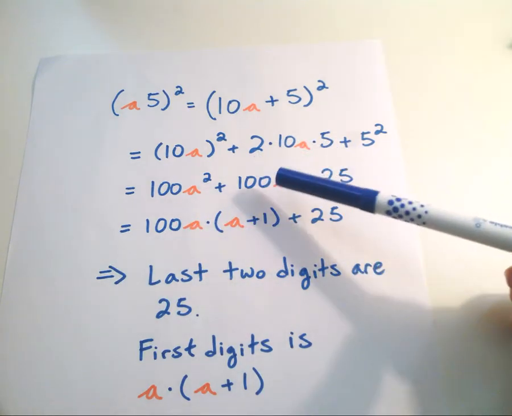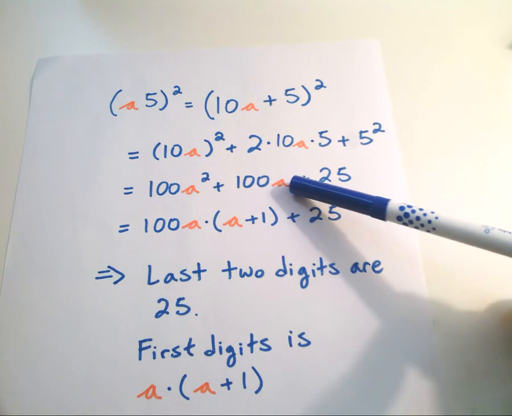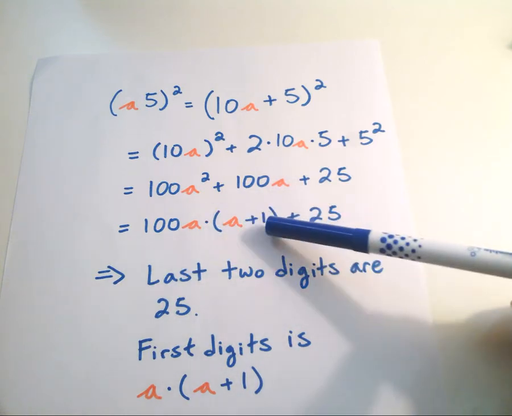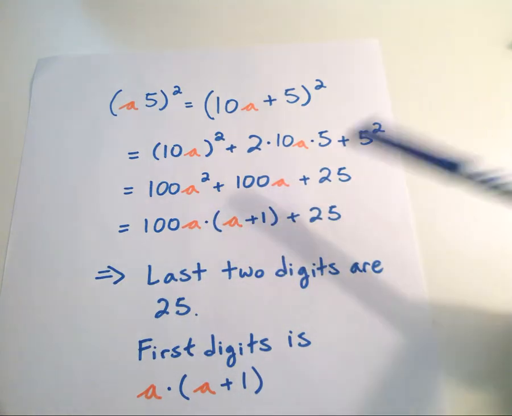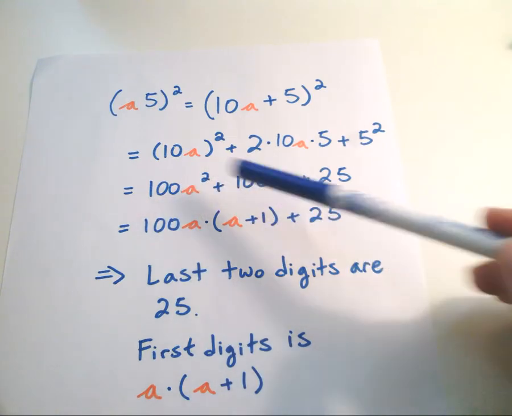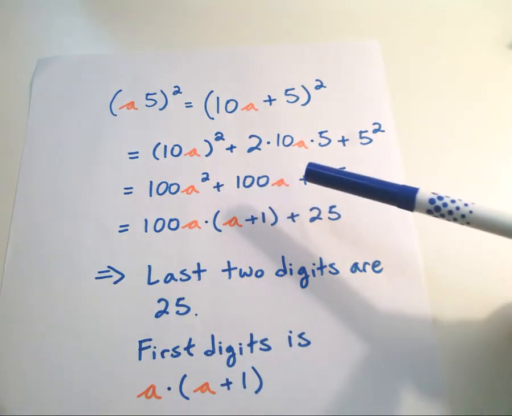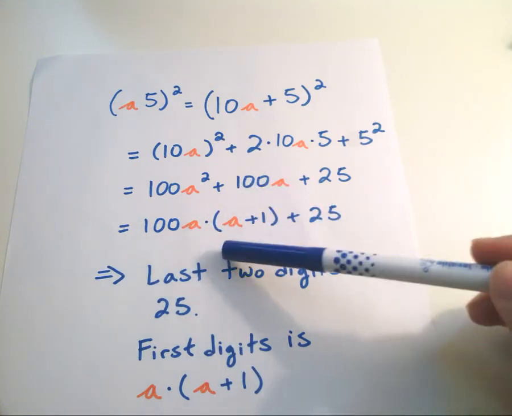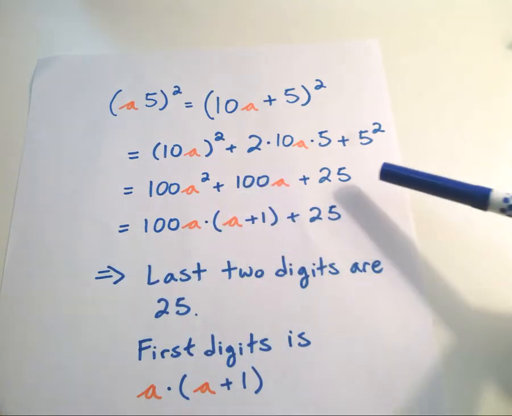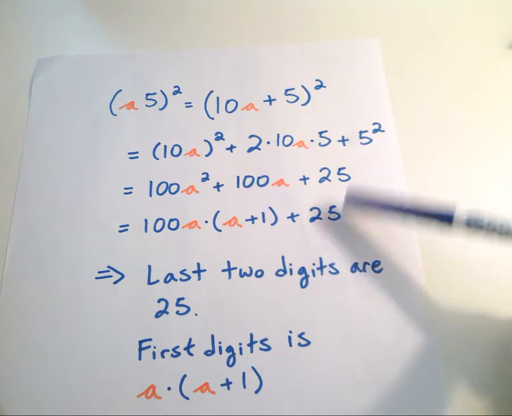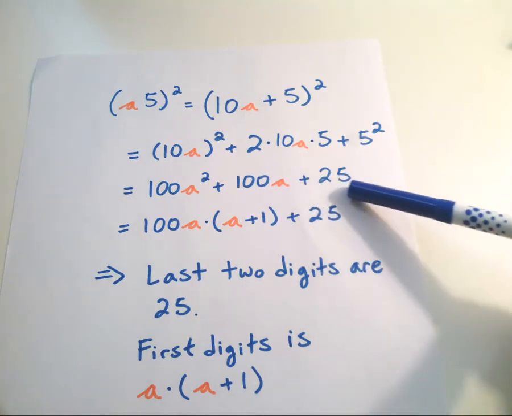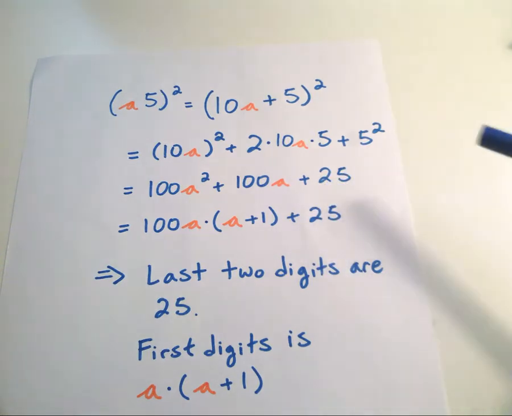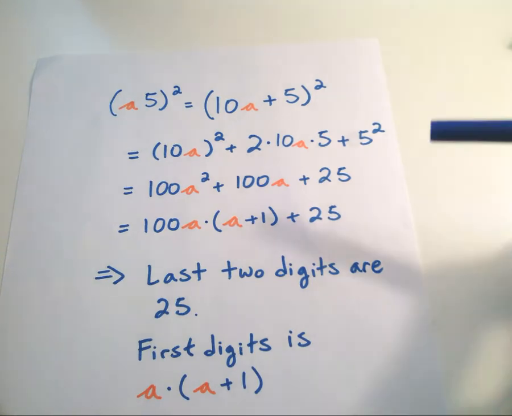If we factor out 100a from this term, we have 100a times 1. So these first two terms can be rewritten as 100a times a plus 1. And then we also have the plus 25 as residue from the previous step. And so we are pretty much done now.